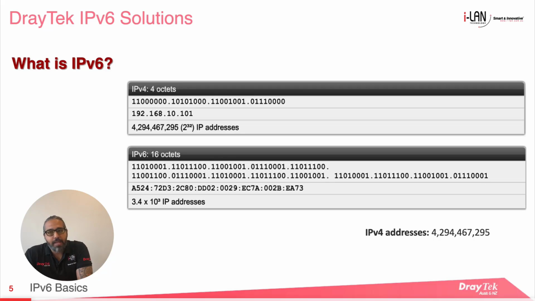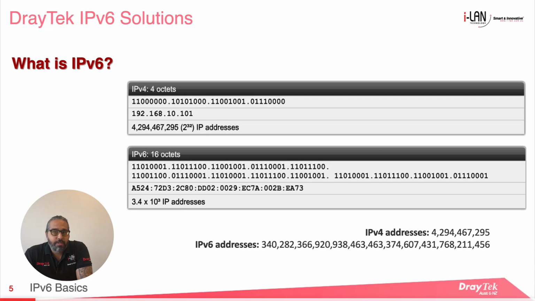The reason IPv6 addresses are longer is because now we get 128 bits or 16 octets of binary numbers. That gives us, well, just a few more unique combinations.